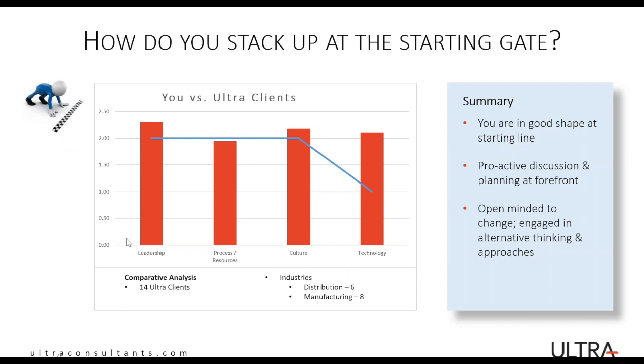If you think about it in terms of looking at a potential transaction, this is a way to look at how mature the leadership is, how mature the processes are, how mature the culture is, and how mature the technology is. In this case, they were in pretty good shape across leadership, process, culture, and technology, pretty typical of what we would see, around a 2.